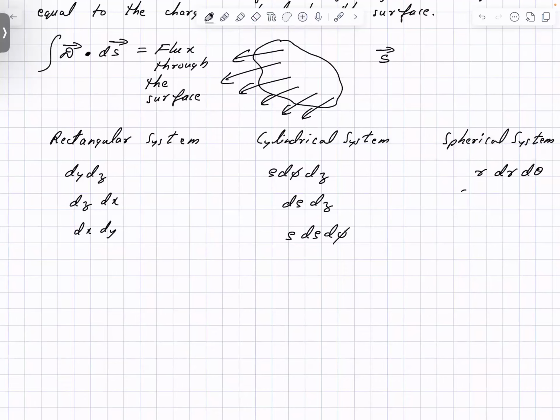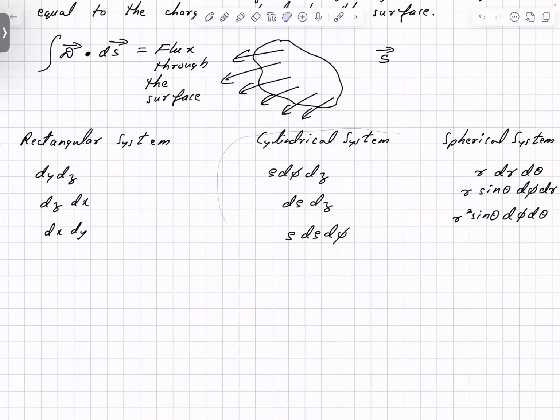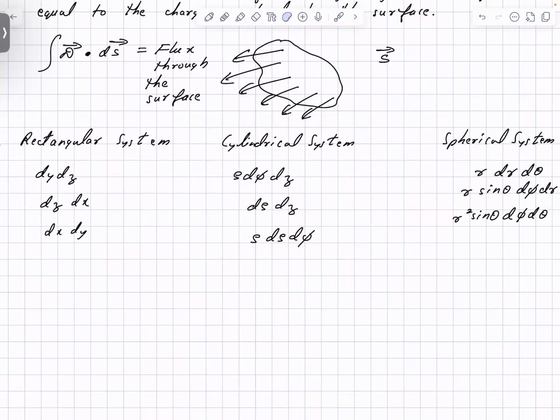Then we have r sine theta, d phi, dr. And if we do d phi and d theta, then we would get r square sine theta. So for each system, we have three differential surfaces, and these are scalar surfaces.